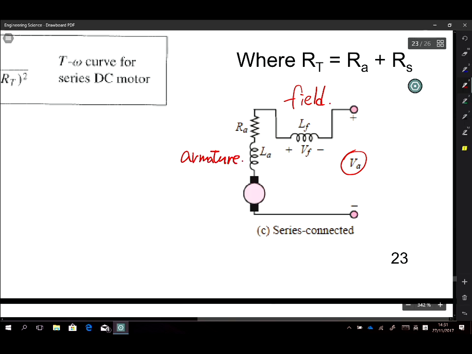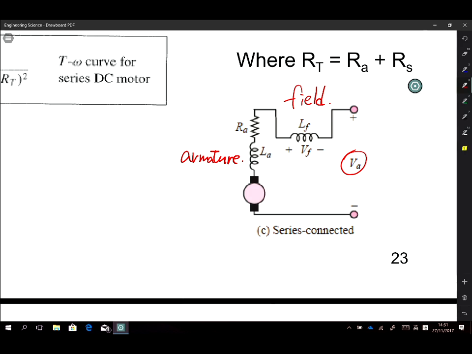Armature means the motor. And this field and armature are connected in series. Therefore, we have a name, the so-called series motor. Remember last time we told you we have the shunt motor, where the field and the armature are connected in parallel. And now we connect them in series.